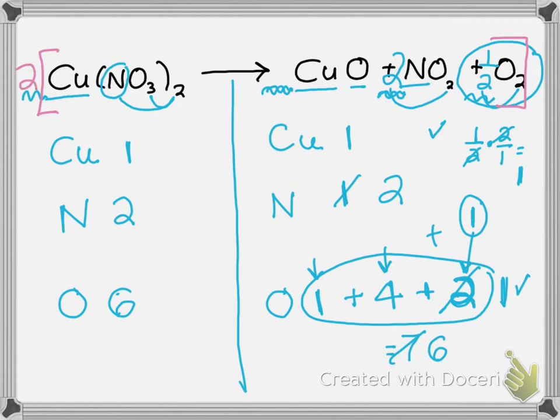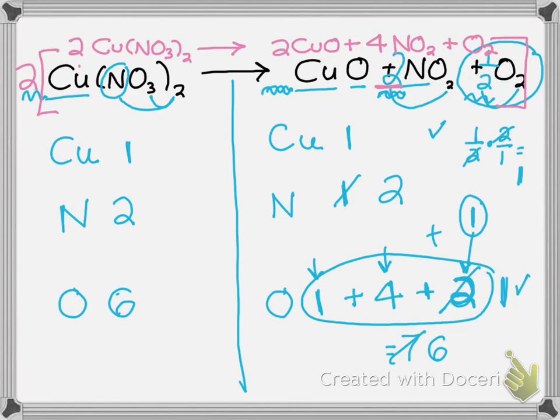So then I would end up with, I'll write it up here at the top, 2 CuNO3 2. Then I have to multiply by everything, so it would be a 2 CuO plus, now it's 2 times 2, 4 NO2 plus just O2, because 1/2 times 2 is 1.